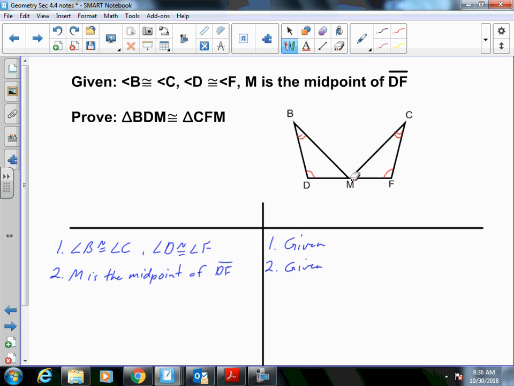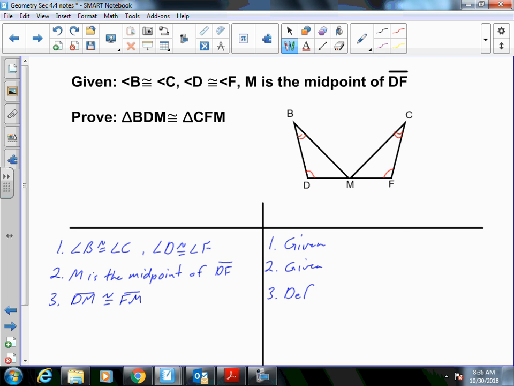It says it's the point that divides a segment into two congruent segments, right? So if M is the midpoint, then the two segments, DM and FM, would have to be congruent segments. So since that's the midpoint, we can say segment DM is going to be congruent to segment FM.